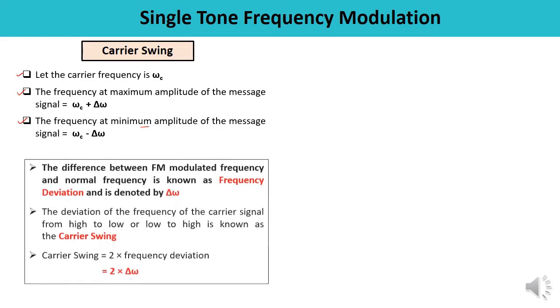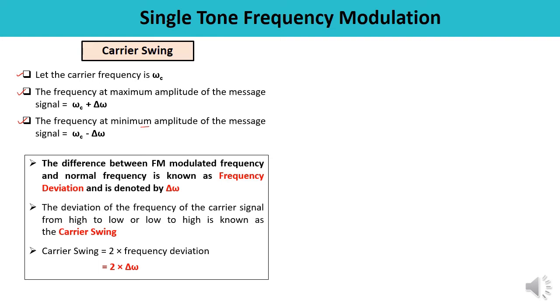So from here you can observe, and I have also discussed in the case of the waveforms we have drawn, that the difference between the FM modulated frequency and normal frequency is known as the frequency deviation, and it is denoted by delta omega. In the waveform as well, you can observe that the deviation of frequency of carrier signal is from high to low or low to high, meaning peak to peak.